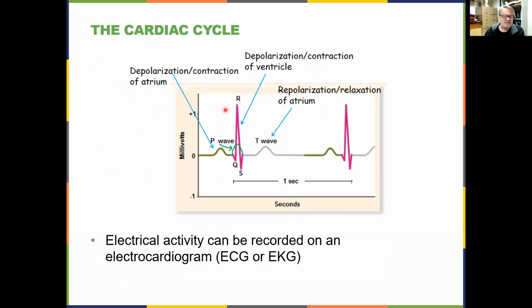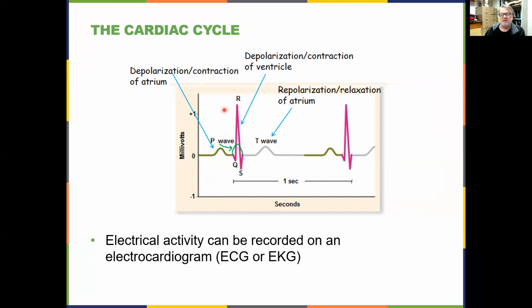Now, how does the heart actually know when to contract? It's based on electricity. In the right atrium, there are what we refer to as pacemaker cells that continuously generate a rhythmic action potential, or a change in electrical voltage from negative to positive.